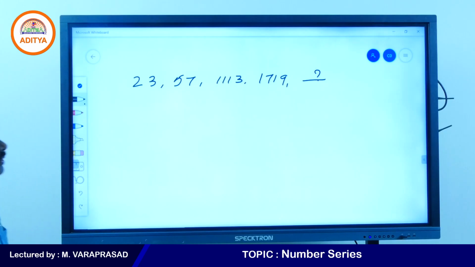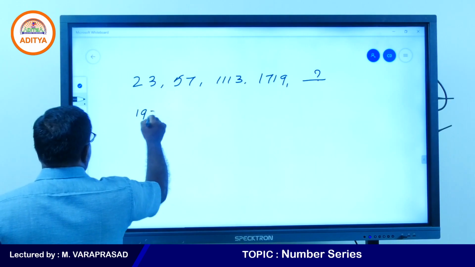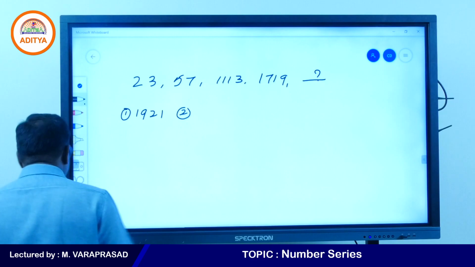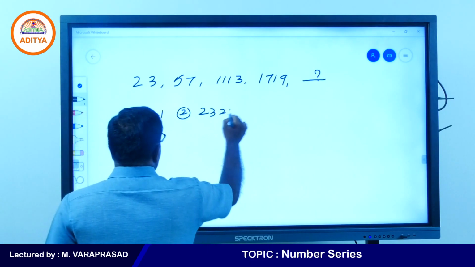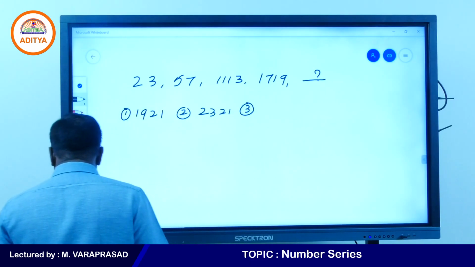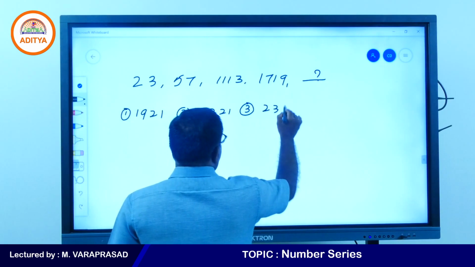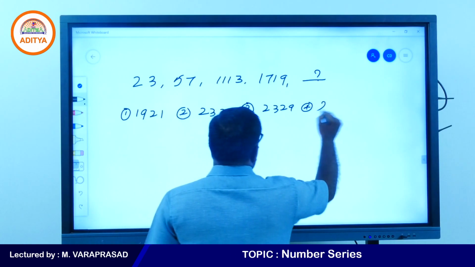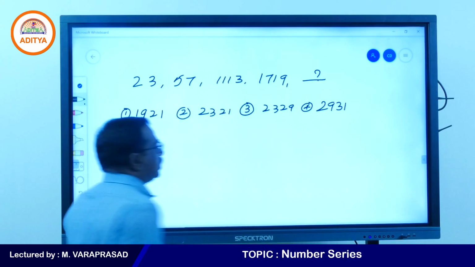What will the question mark be? If you want, I will give options. Options are 1921 as the first option, second option 2321, third option 2329, and the fourth option 2931. So what will the question mark be here?